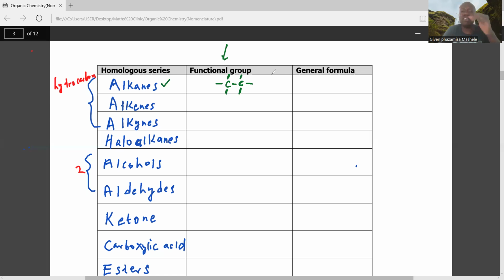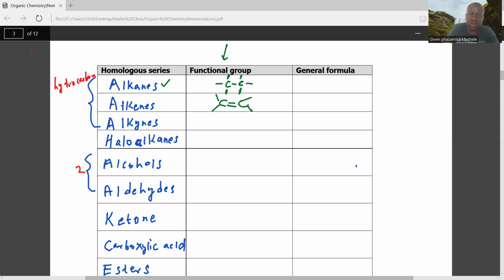Then what is the functional group of an alkene? In alkenes, between the carbon atoms there is a double bond, where the hydrogen atoms have been reduced from the alkanes.